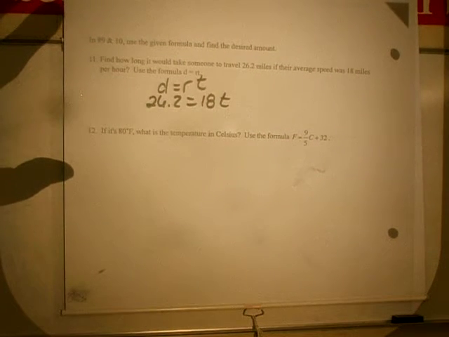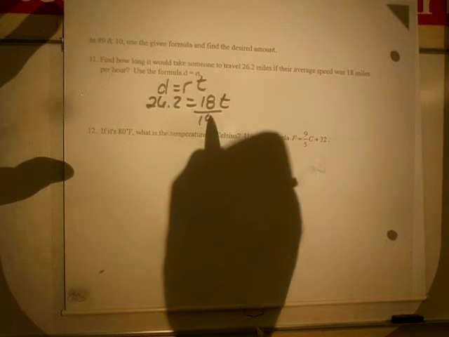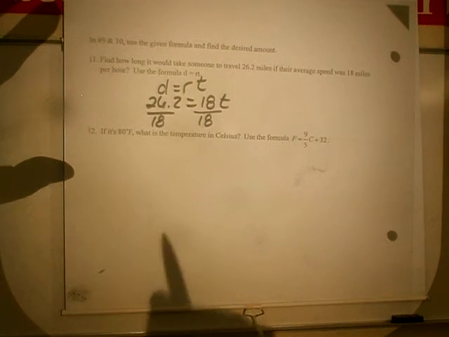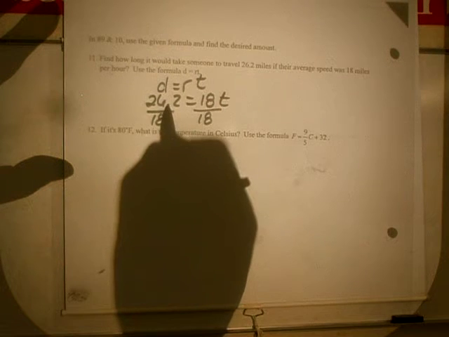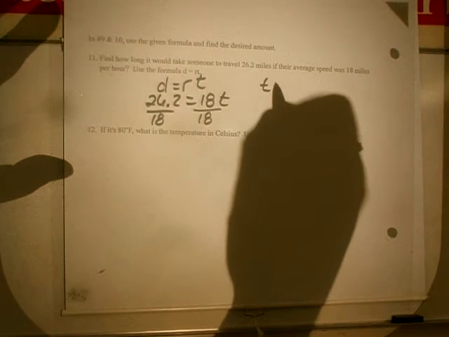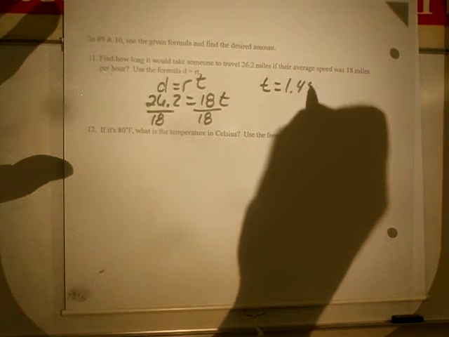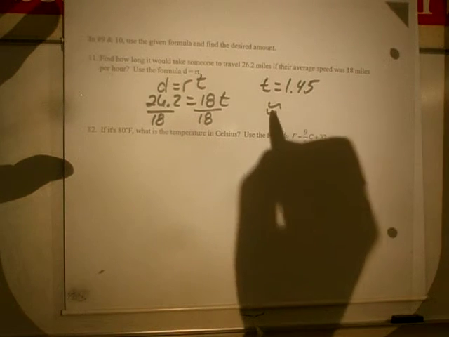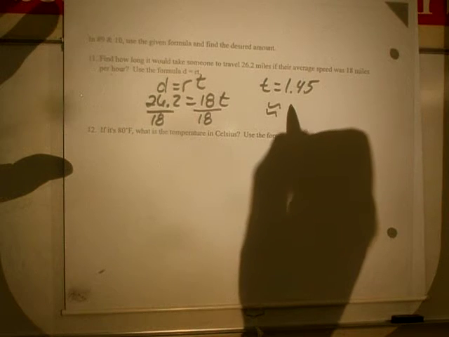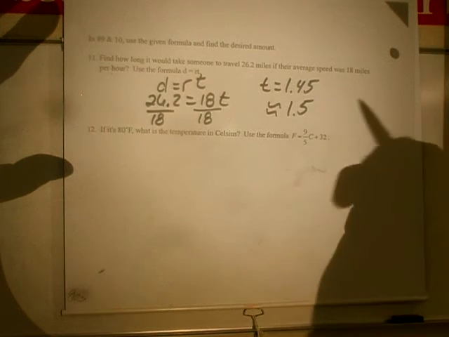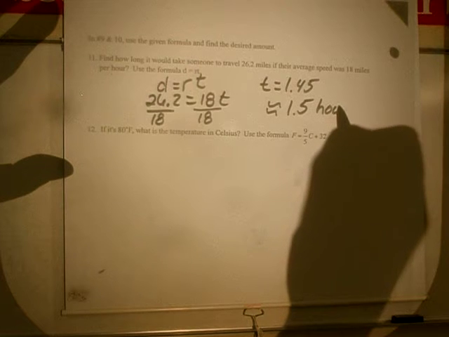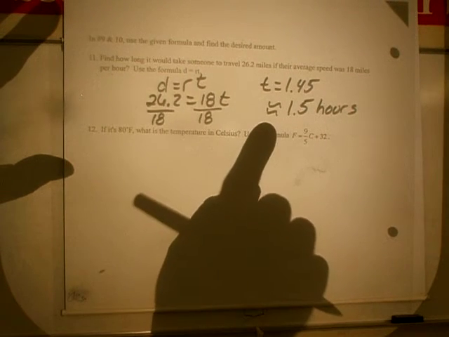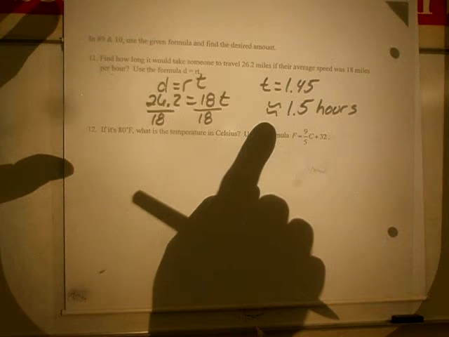So to solve that, we would divide both sides by 18. And with your calculators, if you do 26.2 divided by 18, I think you end up with like 1.45. So I would just say, this means approximately equal to, and I would just say it took you approximately 1.5 hours.